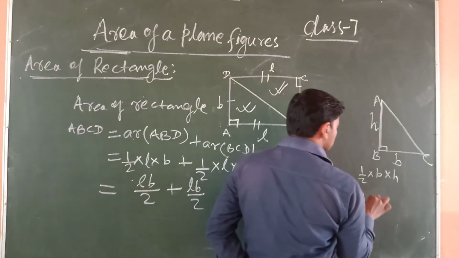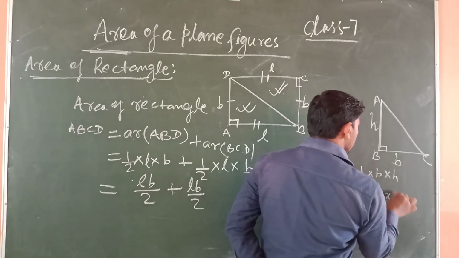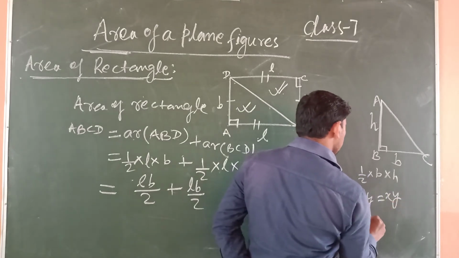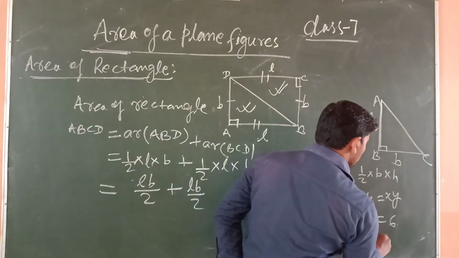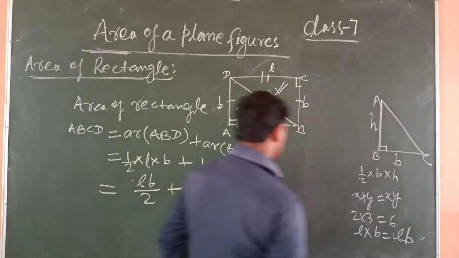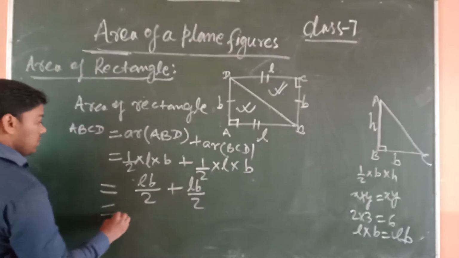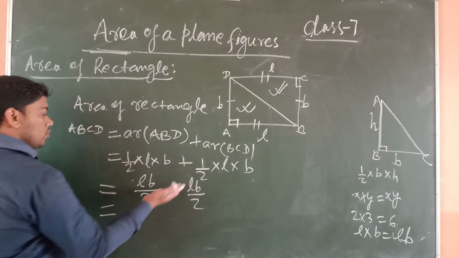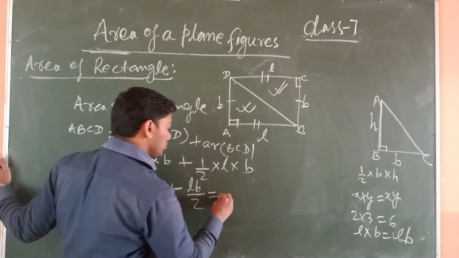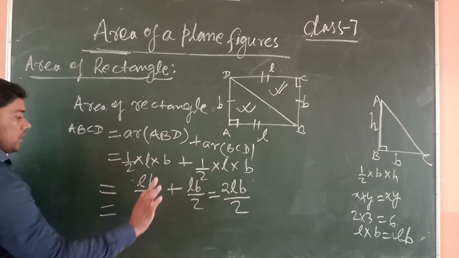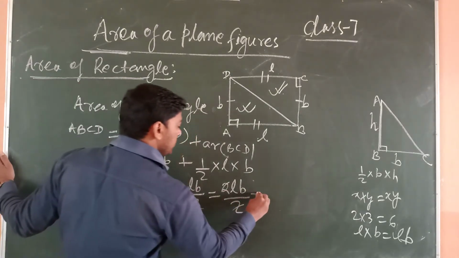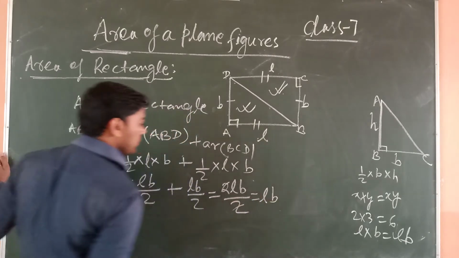You know x into y is xy, but 2 into 3 is 6. Similarly, L into B is LB. LB upon 2 and LB upon 2 gives 2LB upon 2. The 2 by 2 will be cancelled. It is equal to LB.